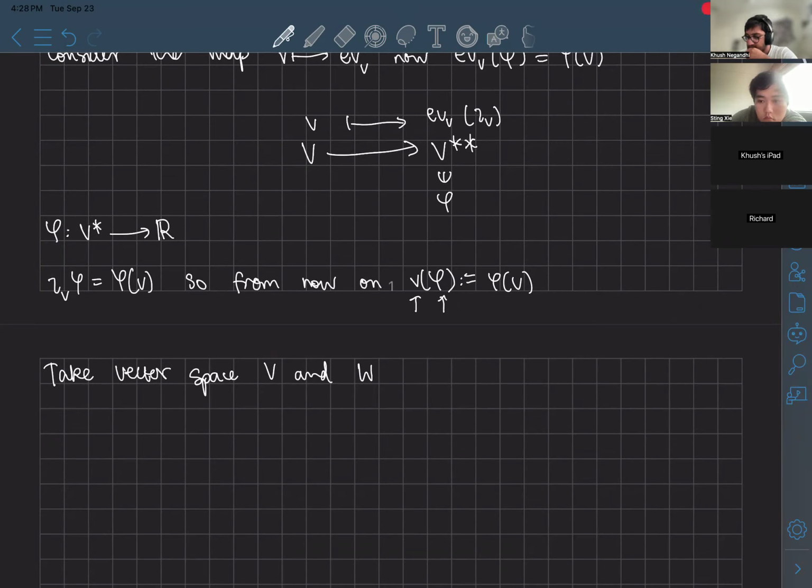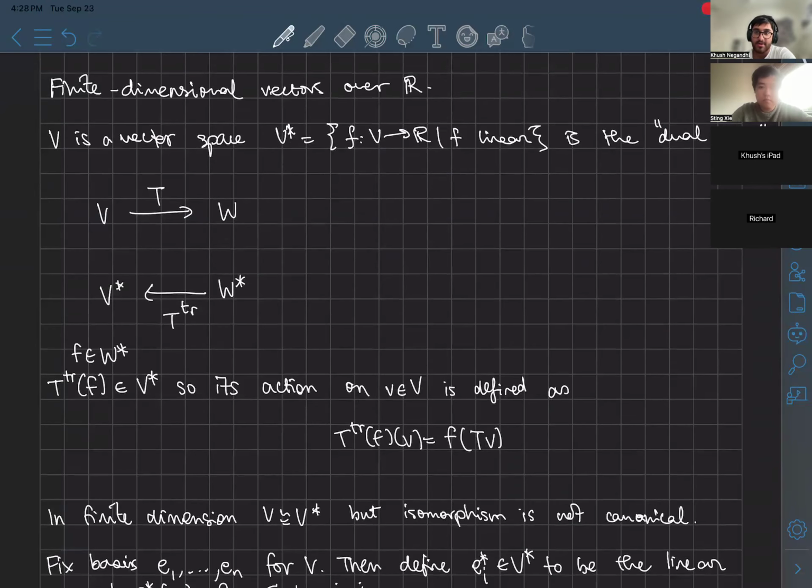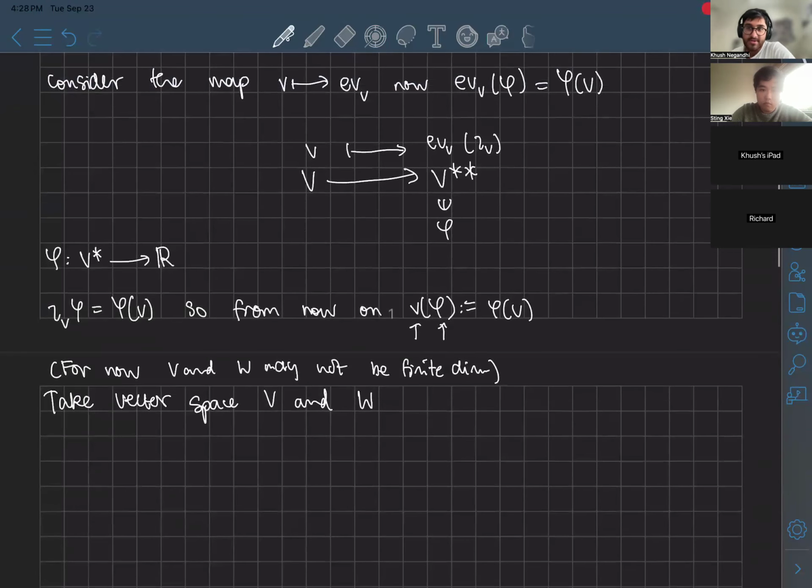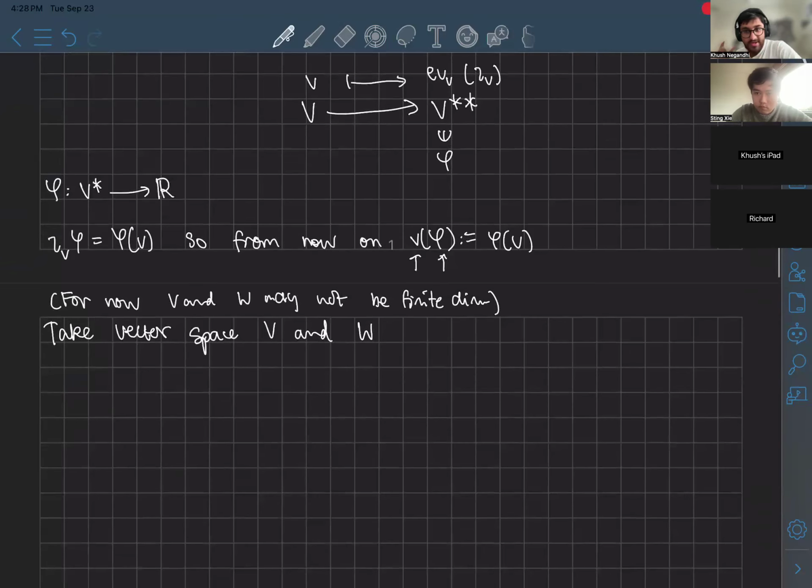So for the next couple of moments, V and W may not be finite dimensional. Now what we can do is think of vectors in V and vectors in W as just formal symbols.